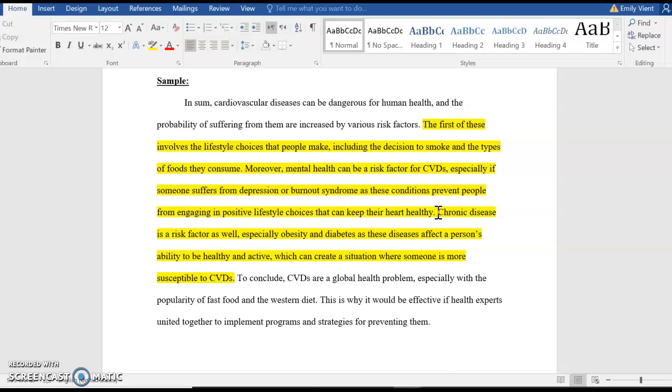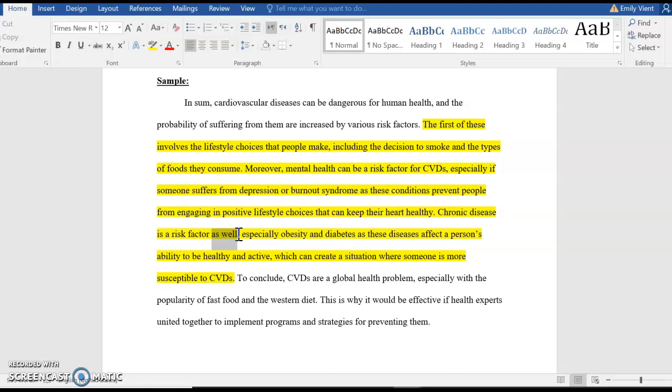So I didn't put a new transition here. What I did, chronic disease is a risk factor as well. So this phrase here, "as well," shows that it's an additional idea, but it's not at the start of the sentence. So that's another way that you could show a new idea, but not putting a transition at the beginning.